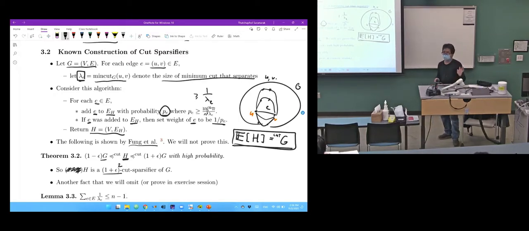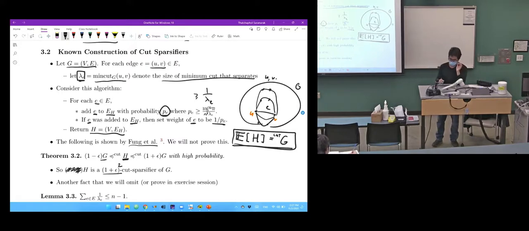I will not prove this because it's going to take several lectures. We will just use this fact. It makes sense that for each edge, you sample it with some probability and scale it up appropriately, and if this probability is high enough, then it should concentrate.